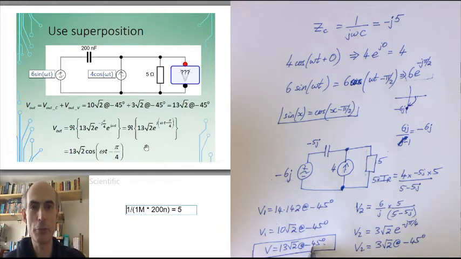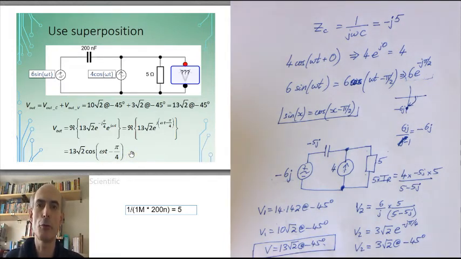That's the phasor representation of the voltage across my voltmeter in this circuit. If I want to convert back from that phasor representation to the actual waveform that the voltmeter would see, I just have to multiply this phasor representation by e to the j omega t, take the real part, and I would end up with that: 13 root 2 cosine of omega t minus pi over 4.